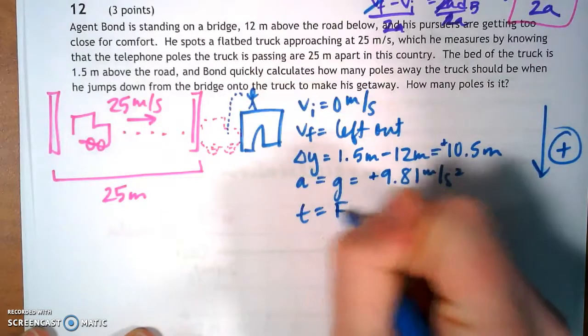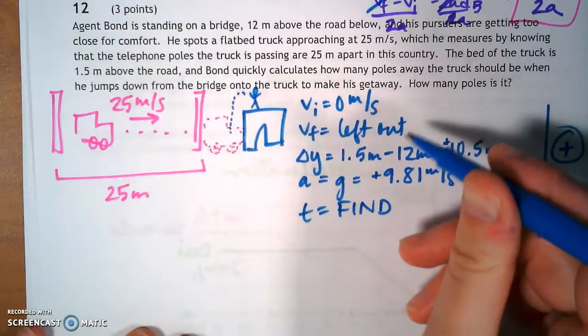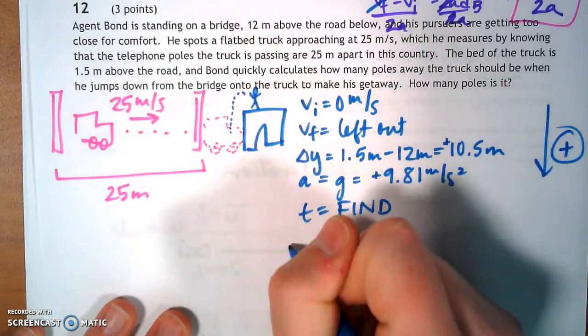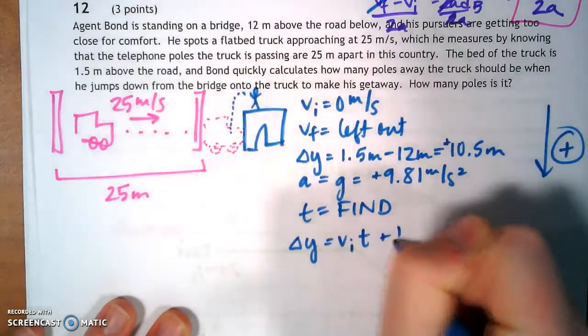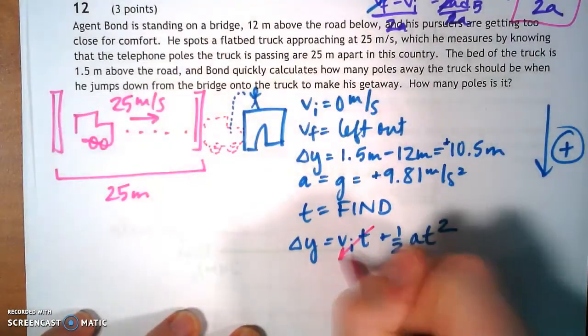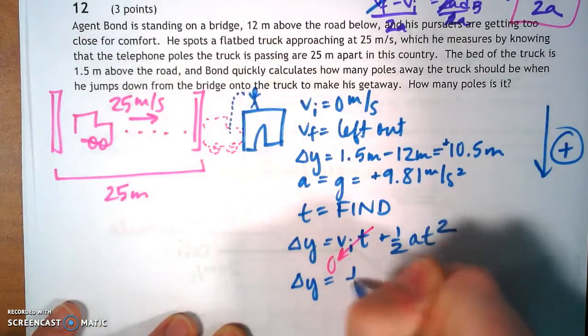So I want to find the time he falls, because that's what he's going to be able to judge, is how much time he'll be in the air. So I'm going to choose an equation that includes time. And joyfully, because my initial velocity is 0, this equation becomes a lot easier to work with.